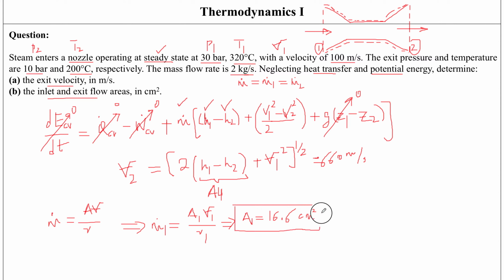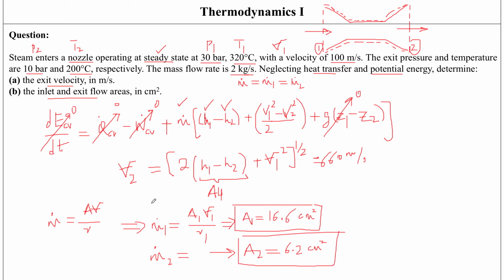Just like this, you use the relationship for m dot 2 to find area at 2, and that's going to be around 6.2 centimeters square. So you can check these out yourself.